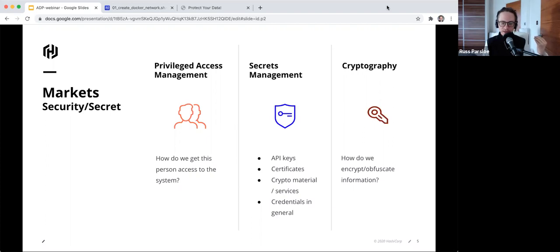They were designed to give a person access to a particular system. So if, for example, I needed access to a database server, I would log into the PAM system, I would get the database root credential, and I would be able to log into the database. Or perhaps I would take those credentials and configure an application to use them to talk to the database. But it was very personal operator centric.